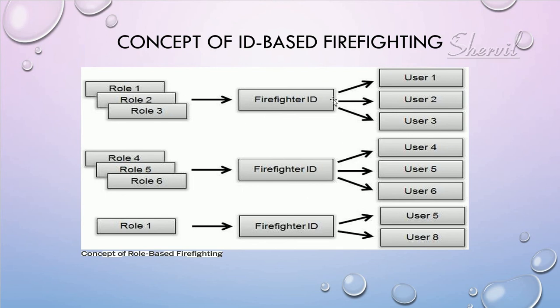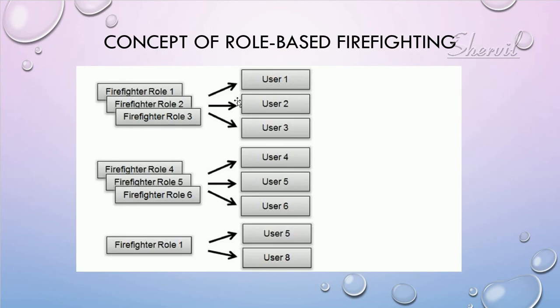You then assign those firefighter IDs to the users, who are in the central GRC system. Similarly, in role-based, the firefighter roles are directly assigned to the users. There is no concept of a special firefighter ID in role-based firefighting.